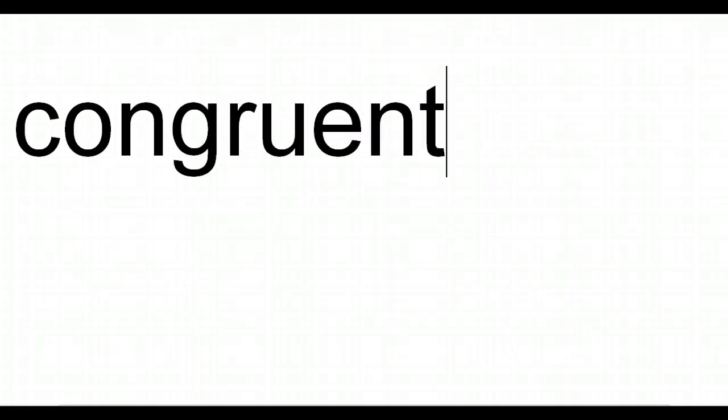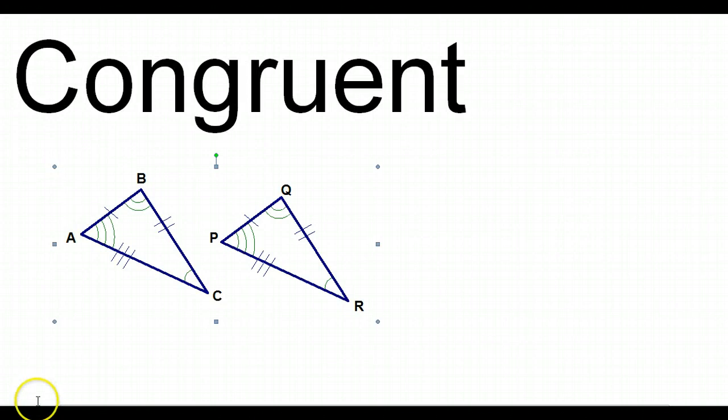Well, first we learned what it meant for two triangles or other shapes to be congruent. It turned out that if two triangles were congruent, then there were 6 things that had to be congruent.